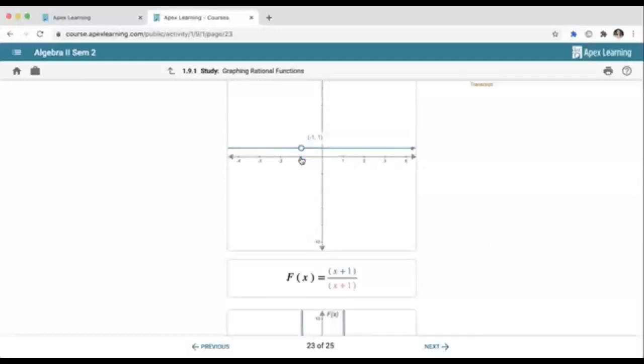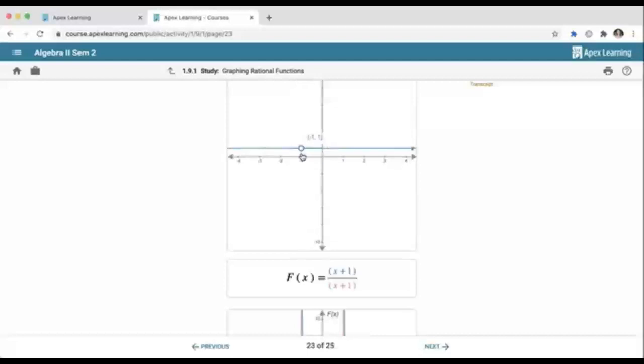So 1 plus x plus 1 over x plus 1. Normally, this would be 0 over 0, but we know it's undefined. So what we would do is look at points around it.